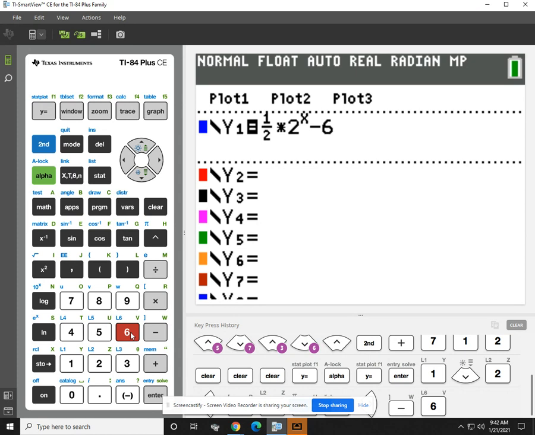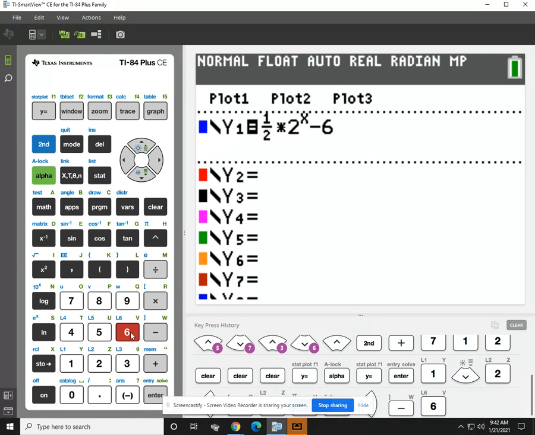What's that telling me? It's shifting down 6. Now, yesterday we talked, what does the vertical shift do to my graph? It changes the asymptote.